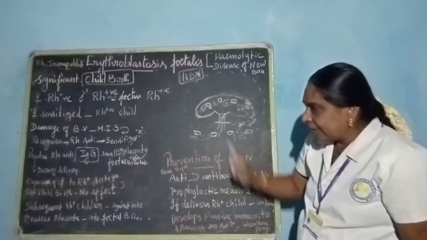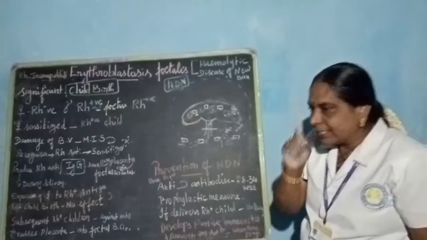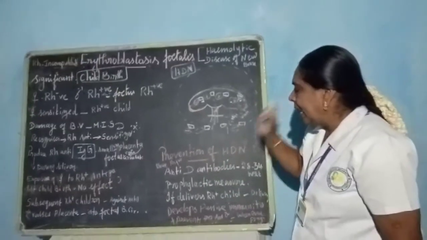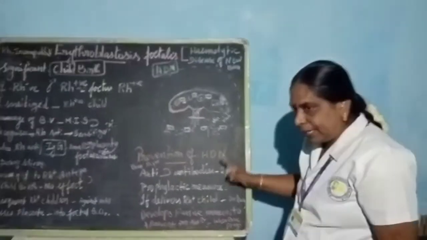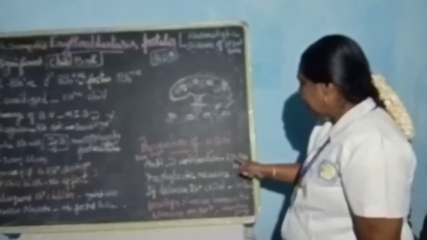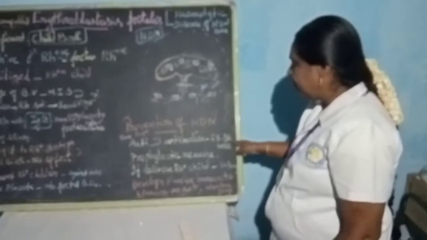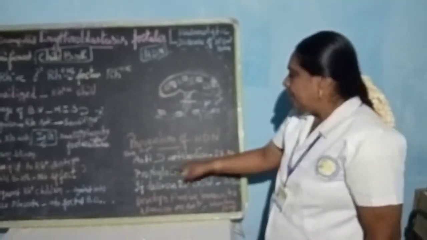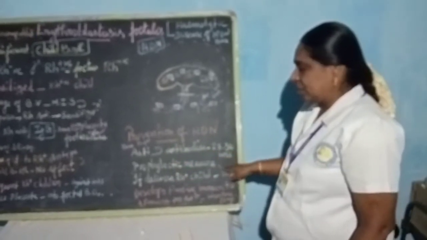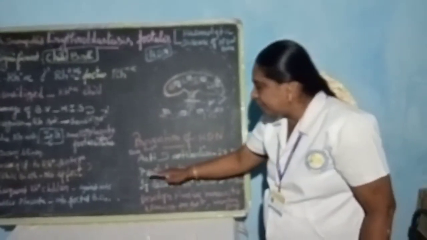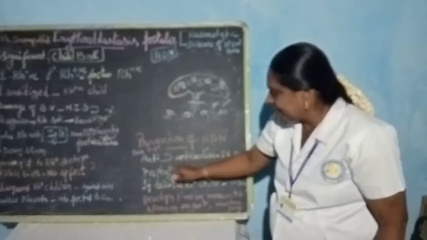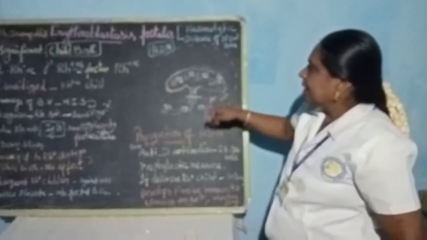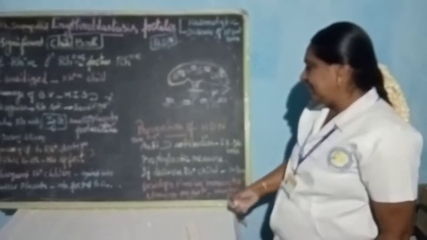It is given at the 28th to 34th week of gestation as a prophylactic measure. What does prophylactic mean? It is a preventive measure against erythroblastosis fetalis.